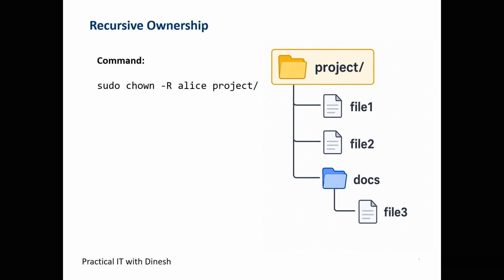The hyphen capital R option stands for recursive. Instead of changing just one file, Linux changes the ownership of the directory and everything inside it.